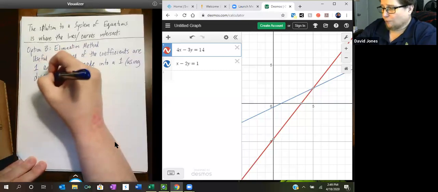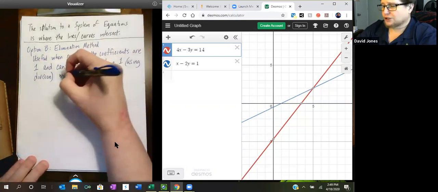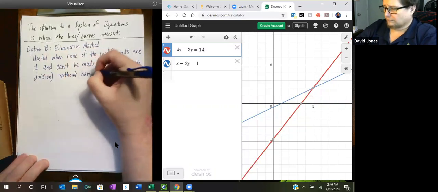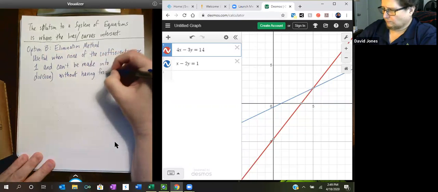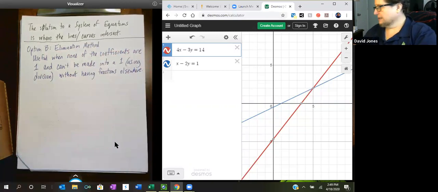Like if we had a 4 in front, we could divide by 4, but we can't make it into a 1 without introducing fractions somewhere else. And working with fractions is lame. It slows stuff down.